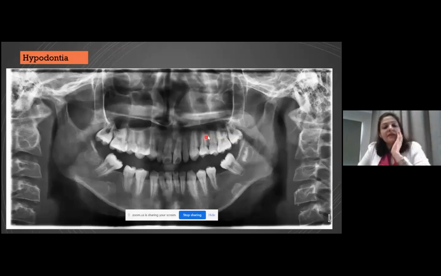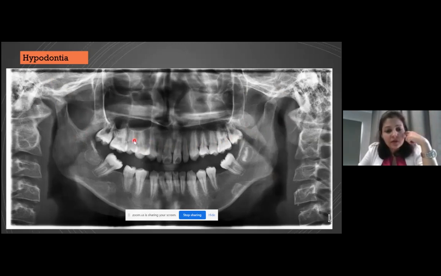Okay, this is a case of hypodontia. I want you to pay attention to note that there are a few teeth missing here. You would have identified them by now. Like I told you, follow the pattern of examination right from the first, number 1, 2, 3, go to 4 and you see that the third molar is probably not there. Then continuing, oh, there's something missing here.